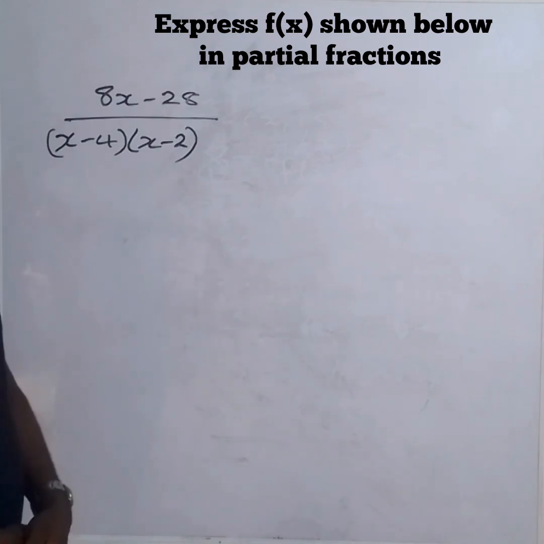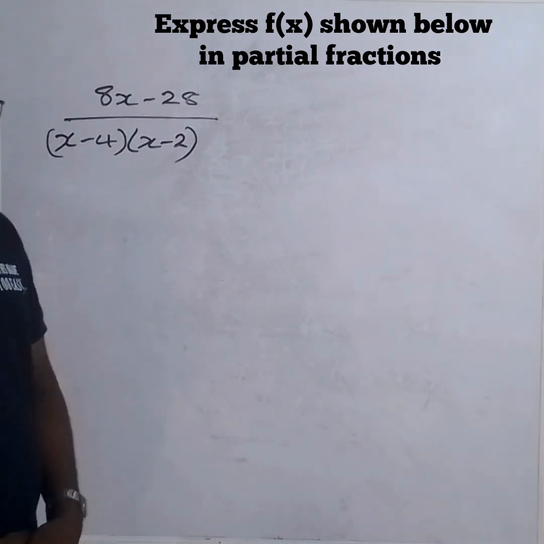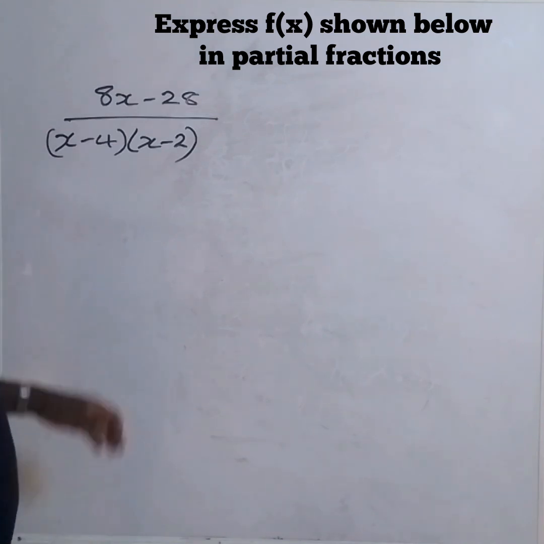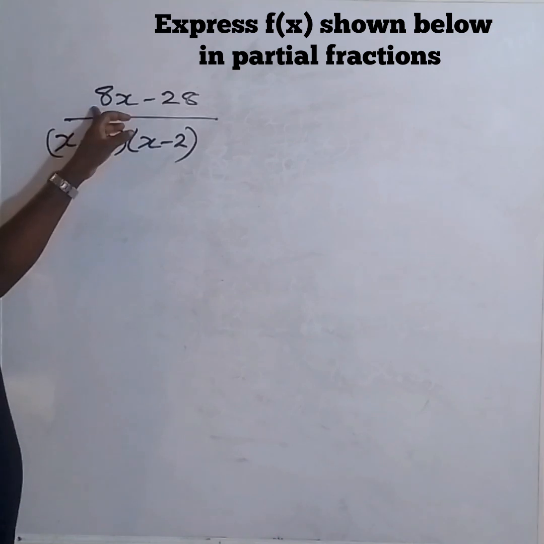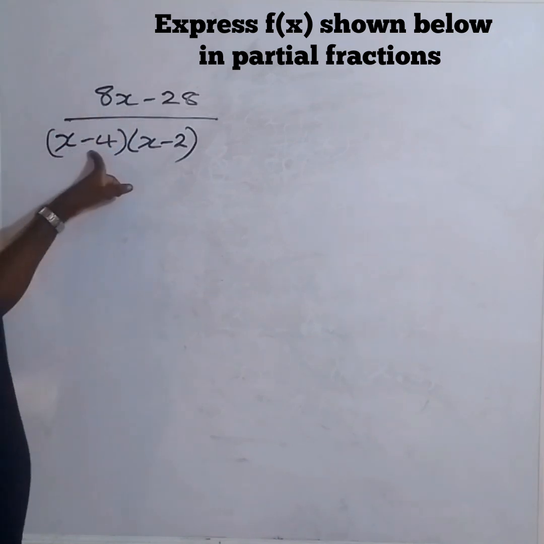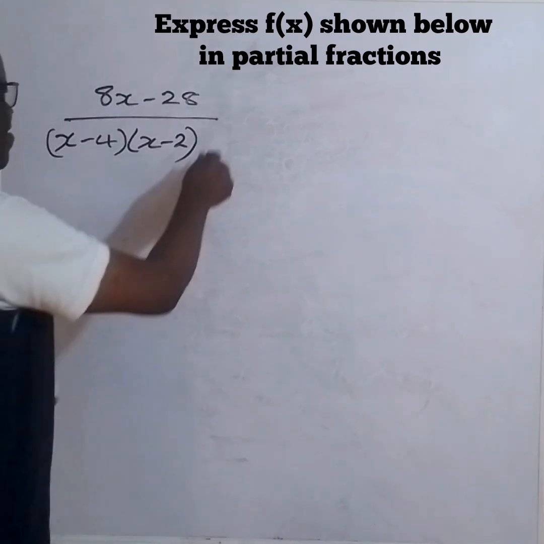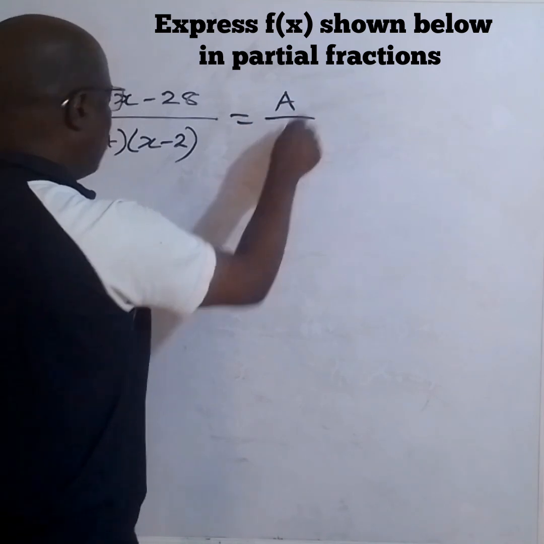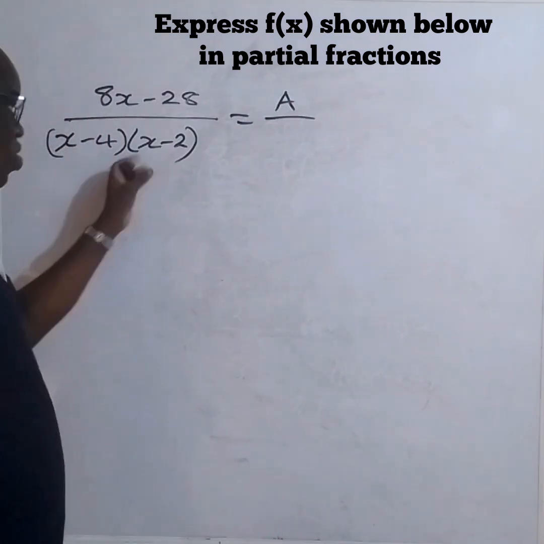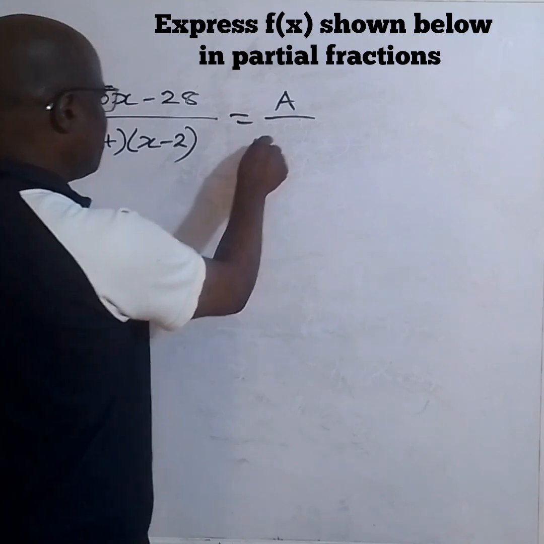So the next thing is you now assume that this can be written as partial fractions of each simple factor. So you now say this is equal to, take it to be A all over this or this, any one you want. Let's put this.